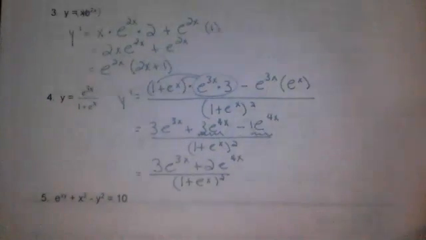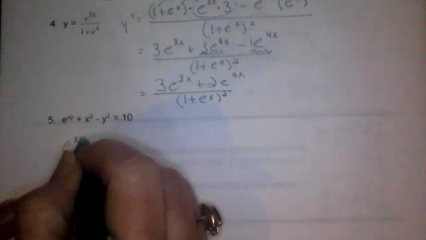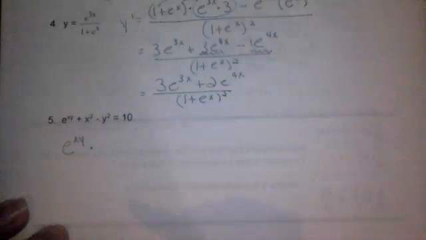And then on this last example, it looks like we might have to do some implicit differentiation because we've got an xy as an exponent here. So for our derivative of e to the xy, we get e to the xy times the derivative of the exponent.